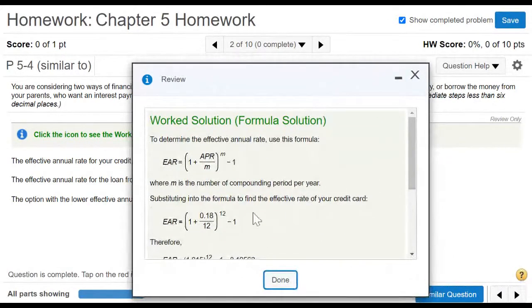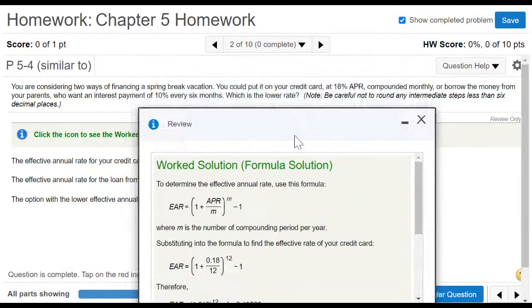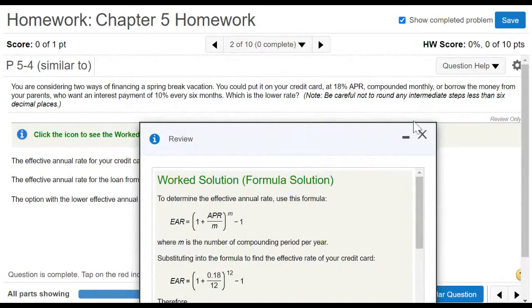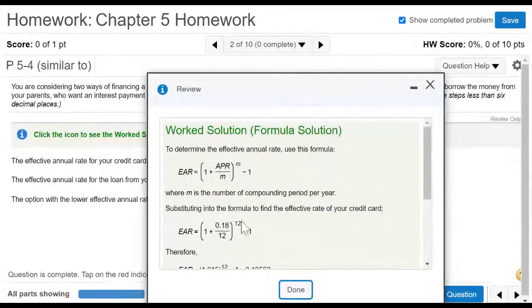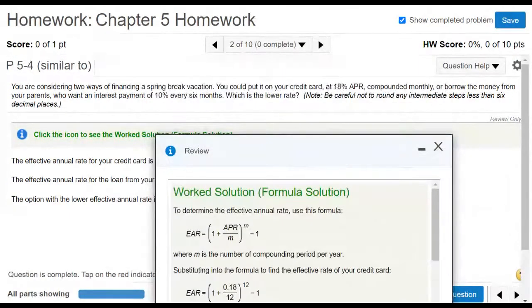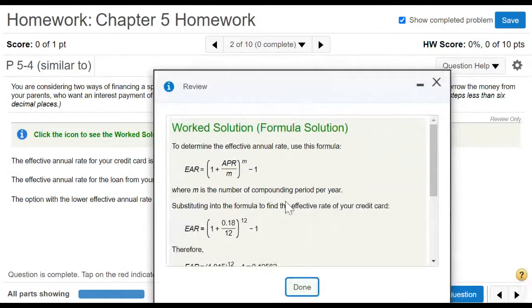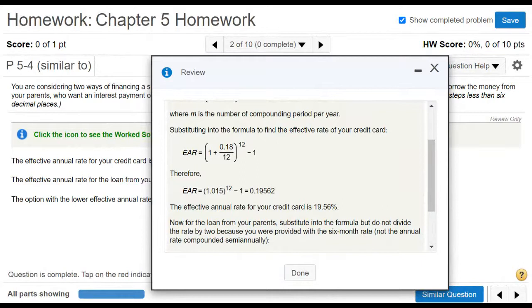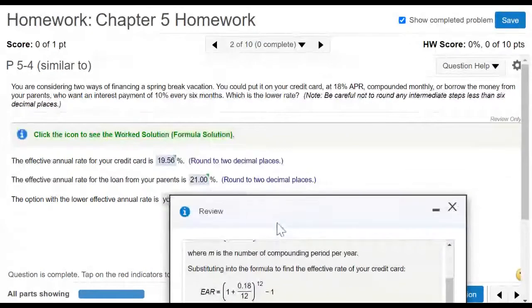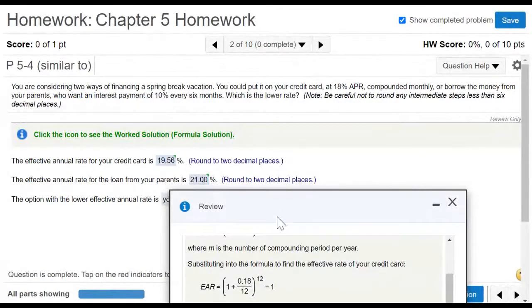And this is the formula we were talking about for 12 months, compounded monthly. So 0.18, converted into a decimal, move the 2 places. 0.18 divided by 12 plus 1, the exponent of 12, which is monthly, minus 1. And the answer is 19.56%, rounded to 2 decimal places.